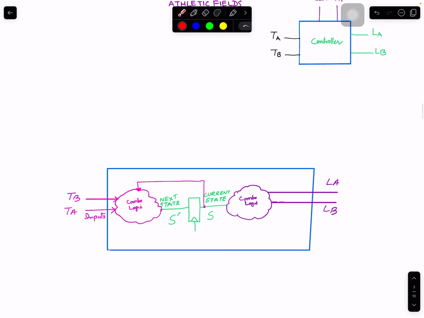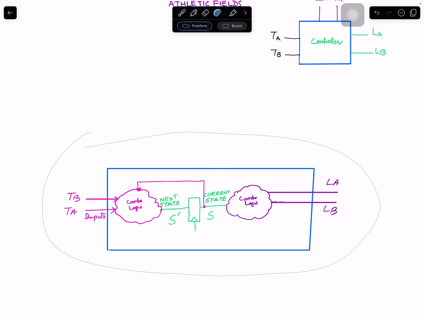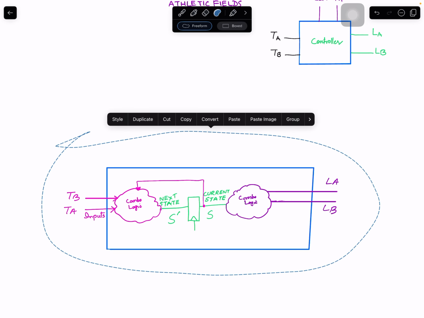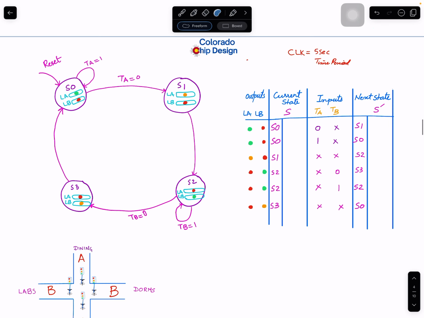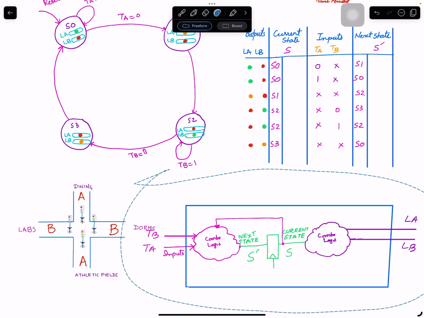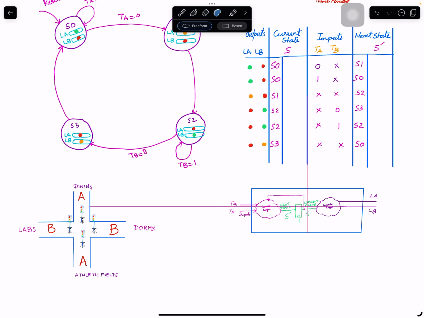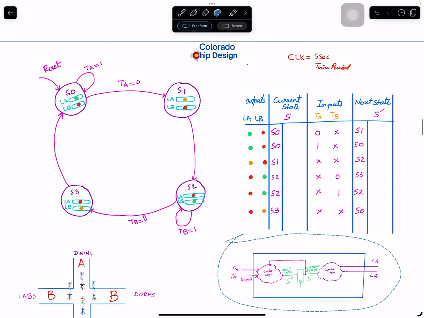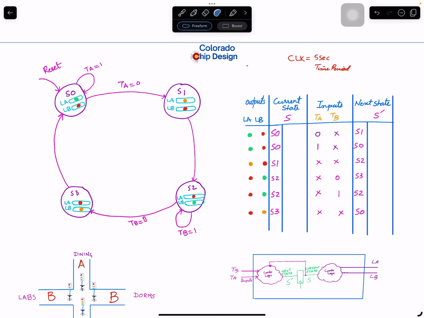Let's bring this picture here instead of me going back and forth. So now we've already gone through this. We're looking into this, but using this and this. Our current state, when we are in S0, this thing is S0.